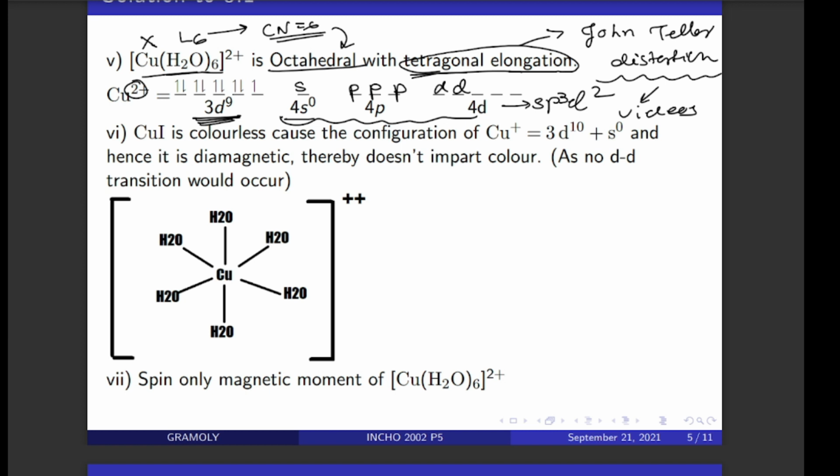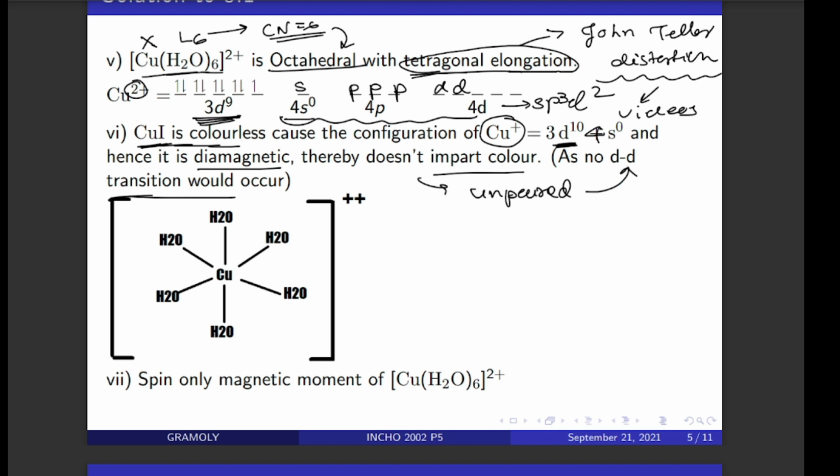Again, CuI is colorless because its configuration is Cu+, which has 3d10 4s0 configuration, and it's diamagnetic and doesn't impart color because no unpaired electrons are present. And since no unpaired electrons are present, there would be no d-d transition.